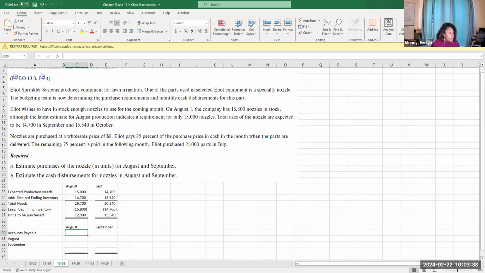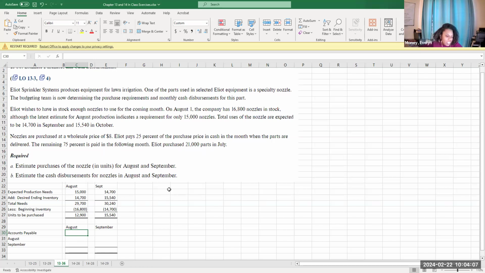I'm going to pay off a portion of that in August. Now, during the month of July, I paid 25% of these 21,000 parts times $8. In August, I'm going to pay 75% of these 21,000 parts times $8. Because we follow that pay cycle of 25% this month, 75% the next month.